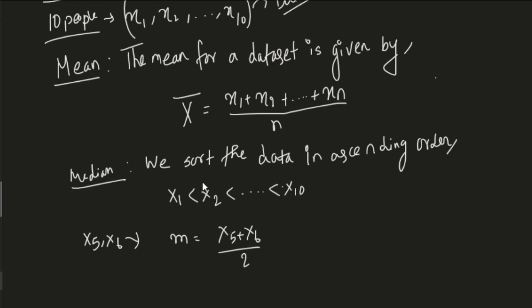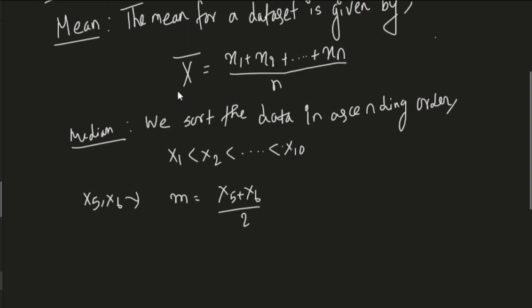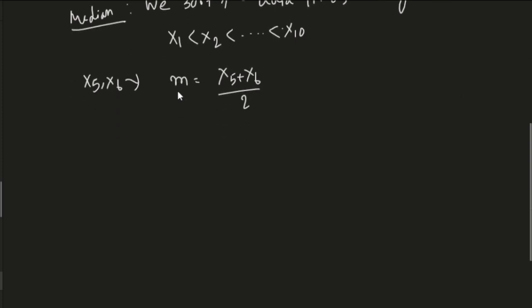So this mean, this median, whatever we're talking about, these are called statistics. So statistics are basically a function of the data points.